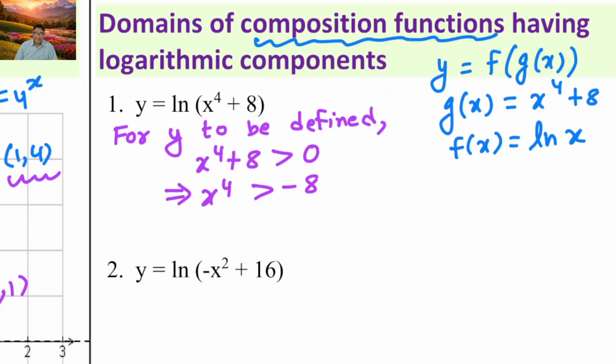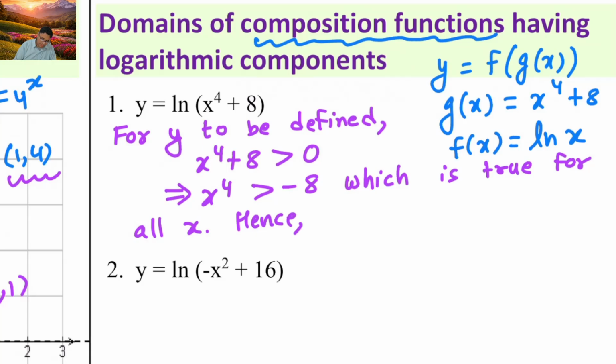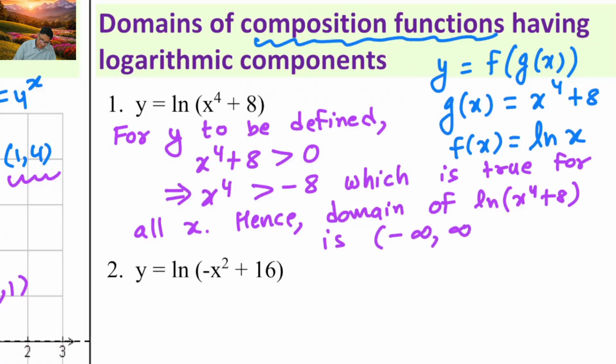It is always going to be greater than any negative number, which is true for all x, meaning for all real numbers x. Hence, your conclusion is that the domain of the function ln of x to the 4 plus 8 is everything. There is no restriction.